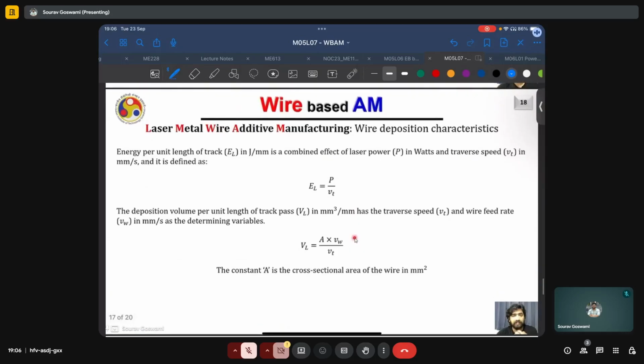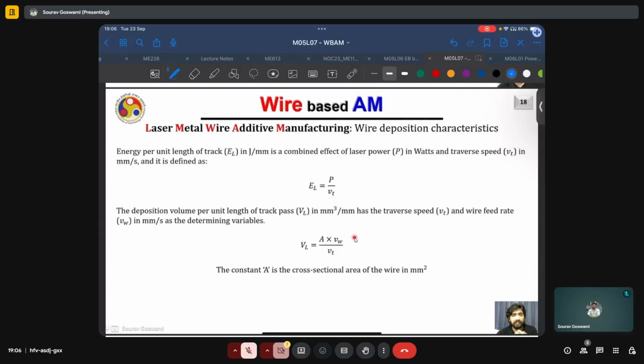But what are the quantitative parameters based on which we can distinguish or predict these deposition characteristics? Those are energy density, typically in the form of linear energy density, shown here as EL, and the deposition volume per unit length of track pass.